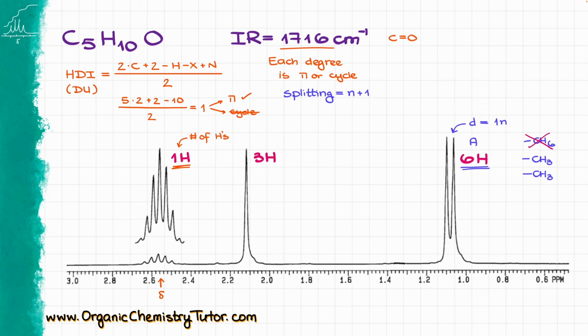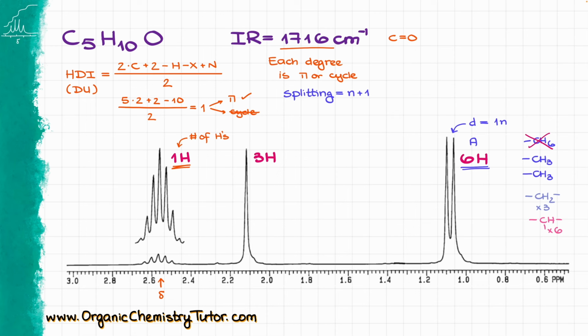What else can I have? I can have 2 identical CH3s. Another potential option is if I have 3 CH2s, and another option is if I have 6 CH groups, which is not going to be possible in this case because we don't even have that many carbons here.